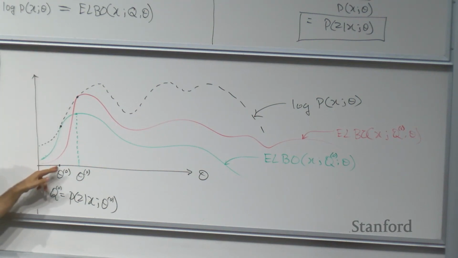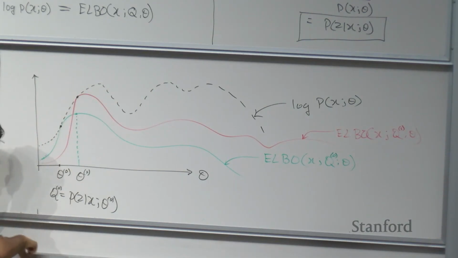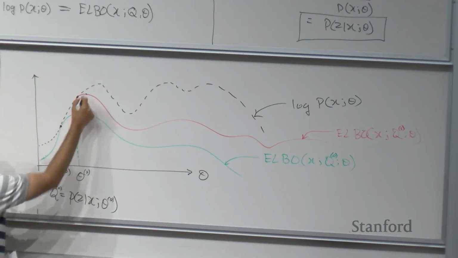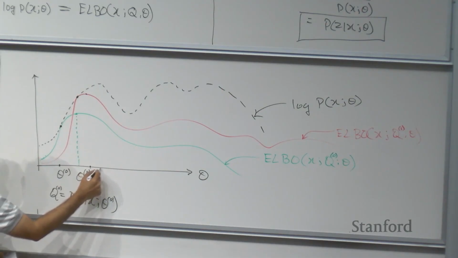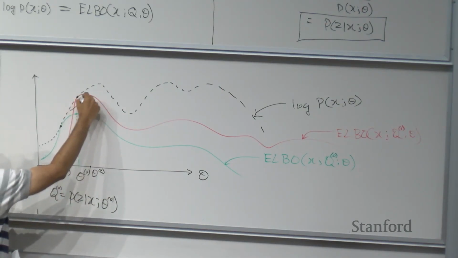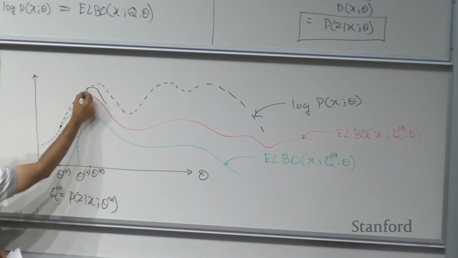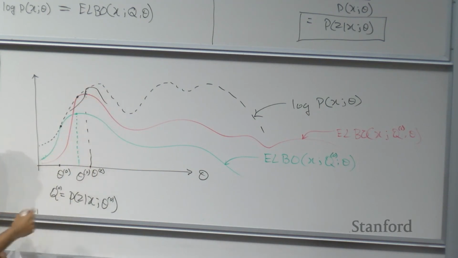Now if we start at theta 0, maximize the ELBO, that is the M step, we get a new theta 1, construct a new ELBO and maximize that one, and we reach here. So this will be theta 2, and here we construct yet another ELBO such that it is tight at this value of theta 2, and so on.